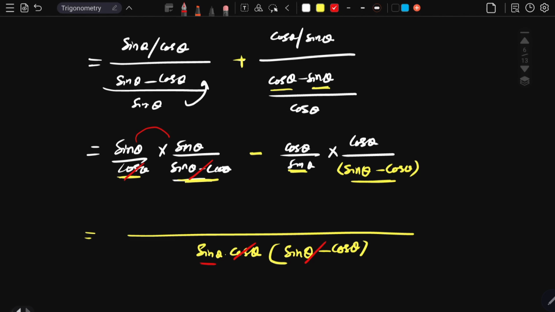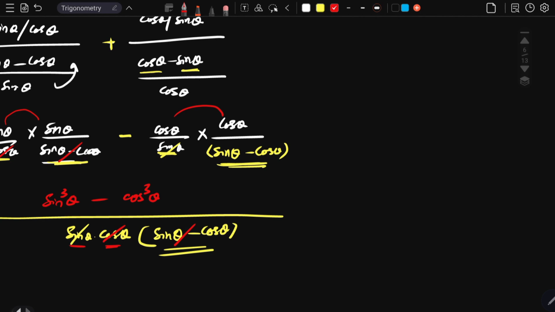Already sin theta into sin theta is sin square theta, again multiply sin theta, so we get sin cube theta. In the same pattern, here sin theta cancels and sin theta minus cos theta cancels. Cos theta alone is pending. Already cos into cos, cos square into cos, so we get cos cube theta.